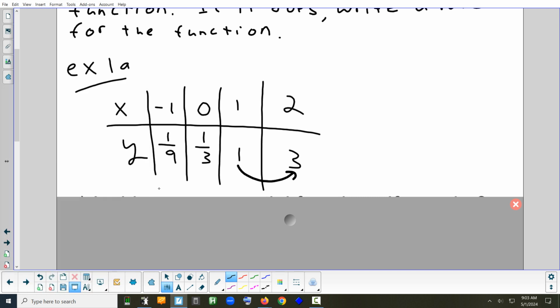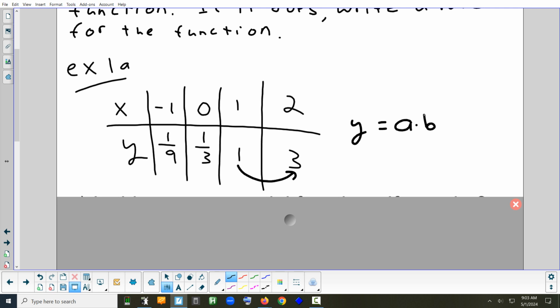All right, so let's write a formula. Molly, can you remind me first, what's the formula we're going to plug into? Y equals A times B, yep.